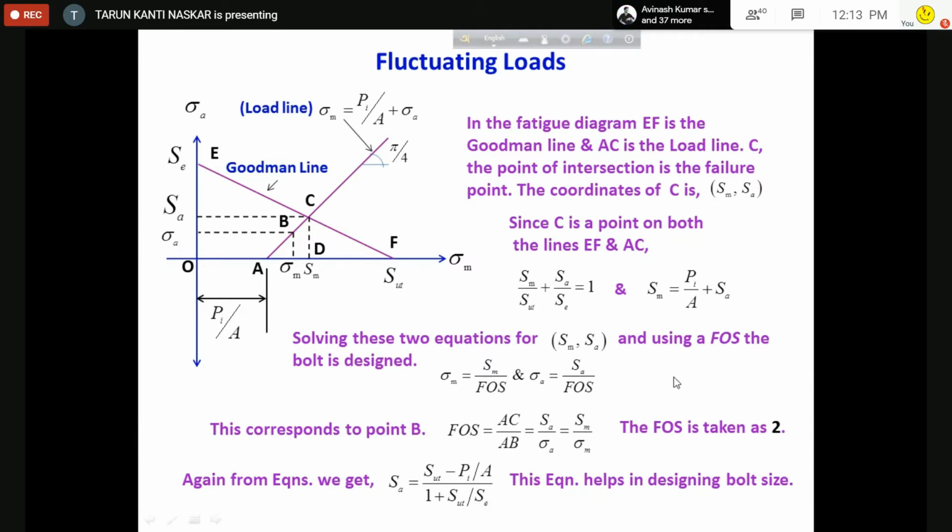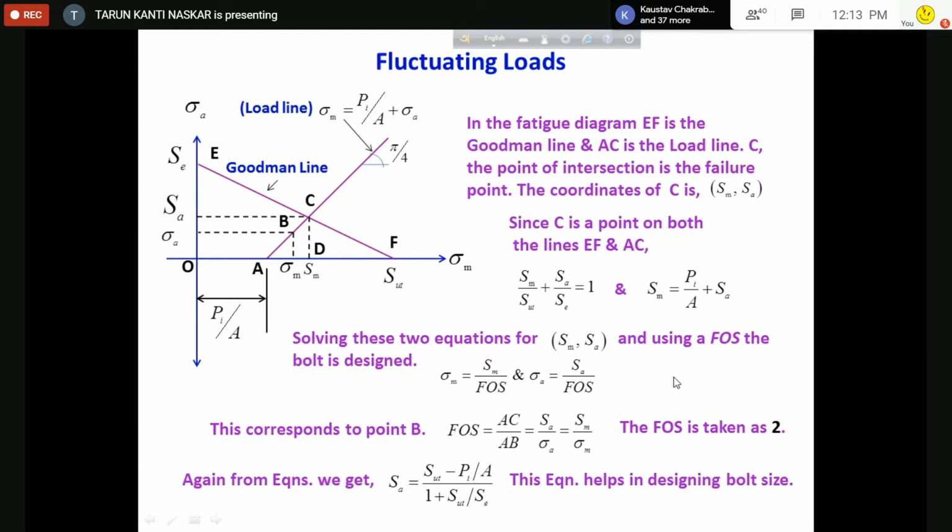Now there is a particular example. That means the fluctuating load is very dangerous, I have told you. Suppose there is a machine element, and the machine element is subjected to fluctuating type of load, that is fatigue load.